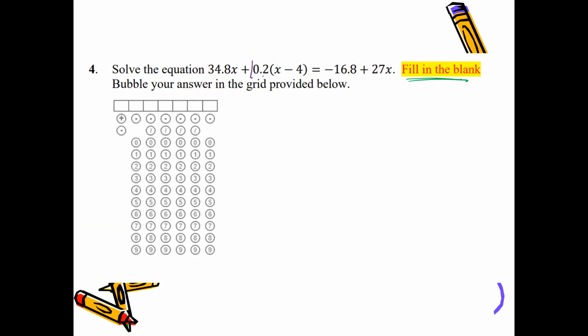So the first thing I'm gonna do is I'm gonna ask you guys to grab a calculator. You're gonna take that 0.2 and multiply it inside that parenthesis. So the first thing that you're gonna do is the distributive property.